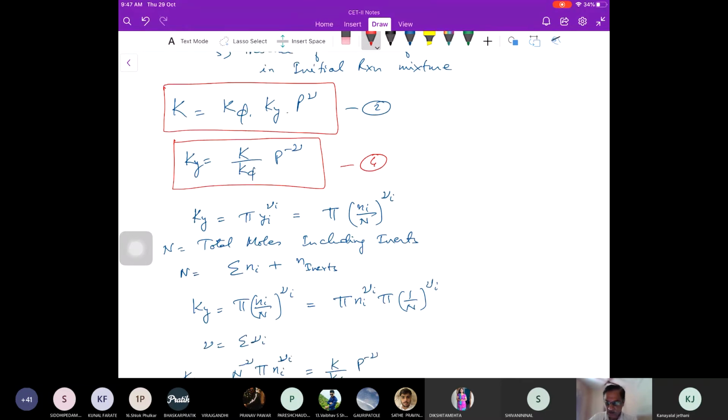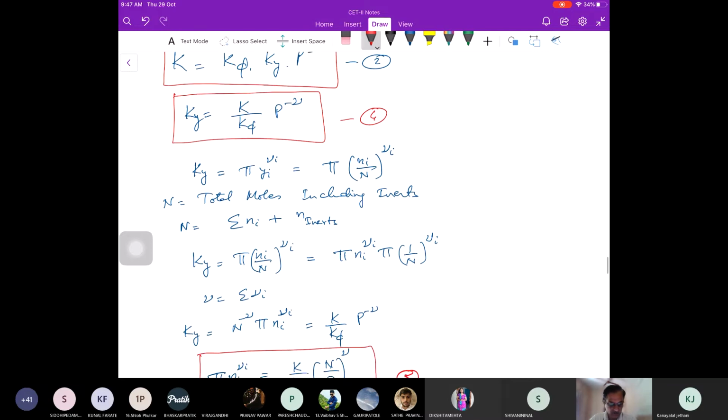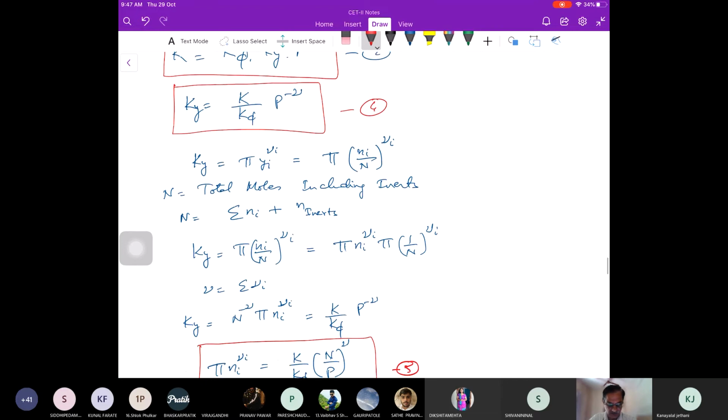And Ky is nothing but pi of yi raised to power of nu I, and yi is nothing but number of moles of component I divided by total number of moles. So it is pi of Ni divided by total moles raised to power of nu I, where n is total number of moles including inerts, because we want to talk about inerts now.